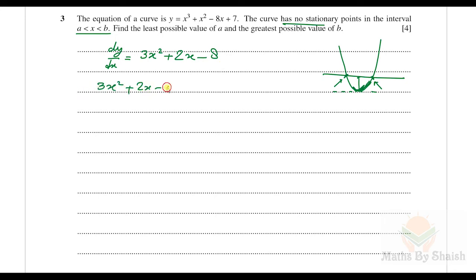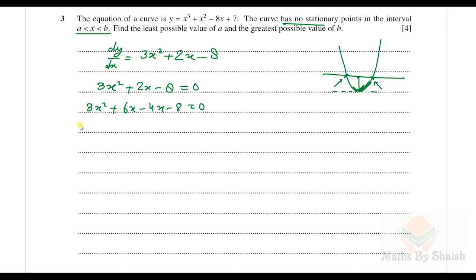3x square plus 2x minus 8 equals 0, and we know 3 times 8 is 24, and 6 fours are 24, 6 minus 4 is 2, so we can take it as 3x square plus 6x minus 4x minus 8 equals 0.